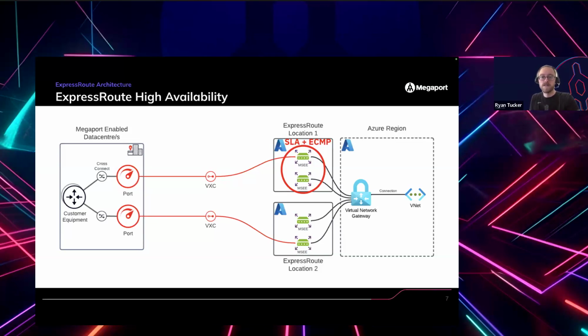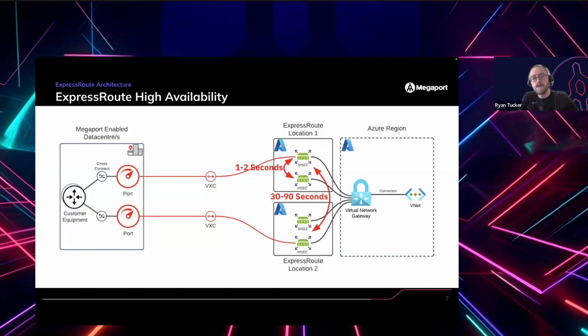So if you have a 1 gig ExpressRoute circuit, you connect to the primary and secondary, you can actually push 2 gig of traffic across that link, as long as there's not any maintenance occurring or there's no outage currently in place. Also, ECMP means that if there is a maintenance or outage, you only lose half the flows, so it reduces the impact when there actually is an outage event.